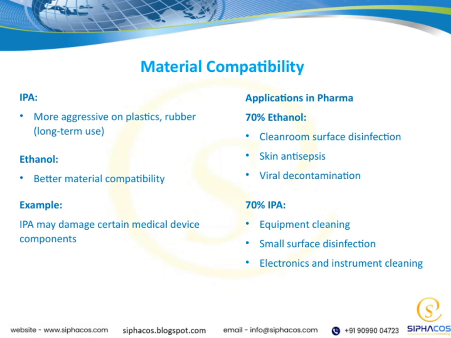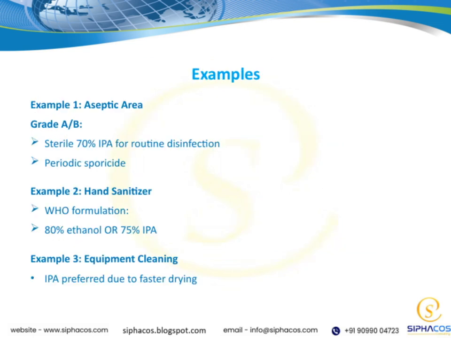For example, while IPA is very effective, it may damage some medical device parts if used repeatedly or improperly. So, selecting the right disinfectant isn't just about its antimicrobial efficacy, but also about understanding the materials you're working with and their compatibility. Let's take a look at some practical examples of disinfection procedures.